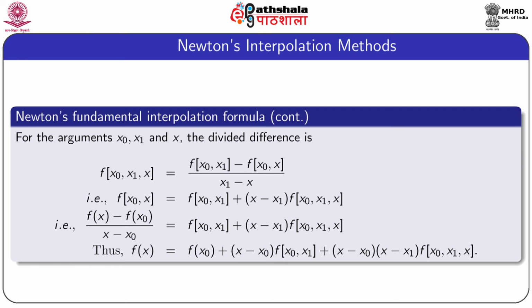So, the first term can be written as f of x minus f of x0 by x minus x0, and the right hand side remains unchanged. After simplification, this expression reduces to f of x equal to f of x0 plus x minus x0 into the first order divided difference between x0 and x1, plus x minus x0 into x minus x1 into the second order divided difference for the arguments x0, x1 and x.